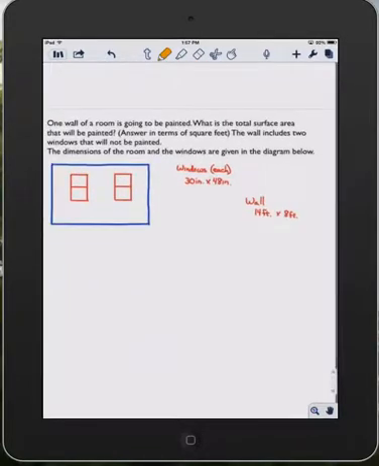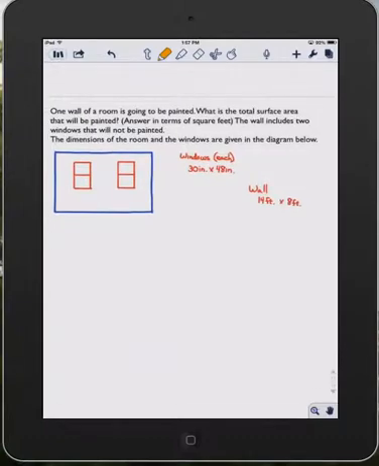Okay, one more problem. One wall of a room is going to be painted. What is the total surface area that will be painted in terms of square feet, which is very important on this problem? The wall includes 2 windows that will not be painted. The dimensions of the room and the windows are given in the diagram below.